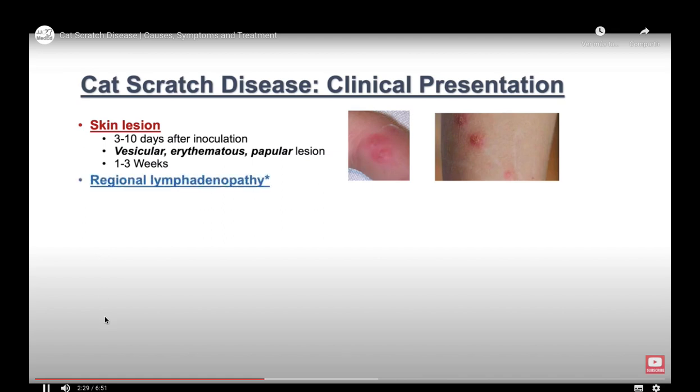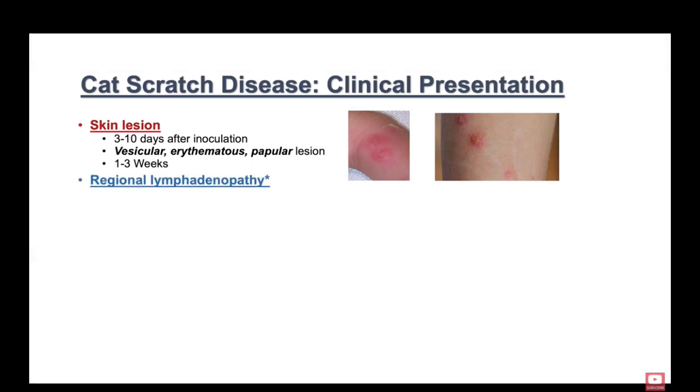Now, another big symptom that we see in cat scratch disease, that usually is the defining symptom in this disease, is regional lymphadenopathy. This usually occurs 2 weeks post-inoculation. So after about 2 weeks after the individual has been inoculated with the bacteria, we start to see this regional lymphadenopathy.